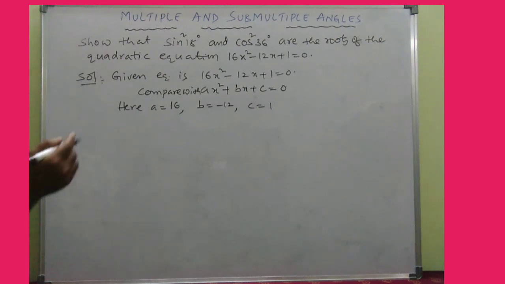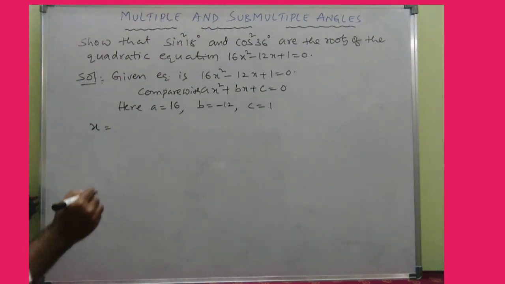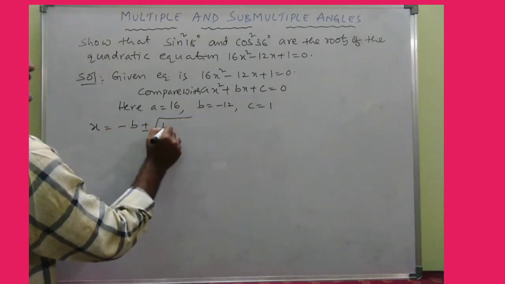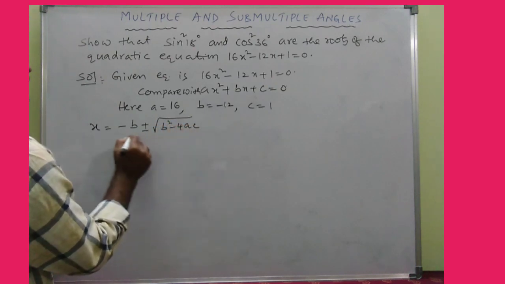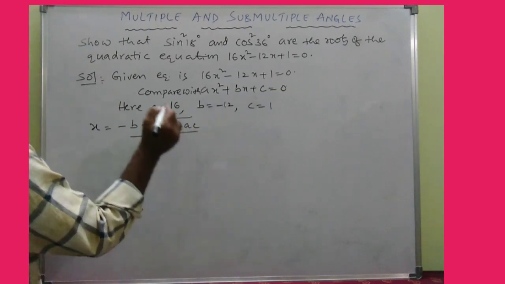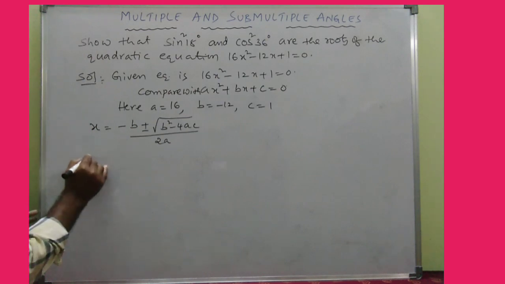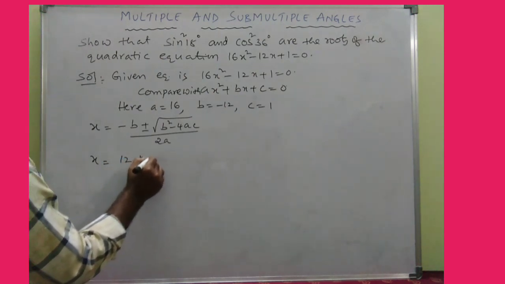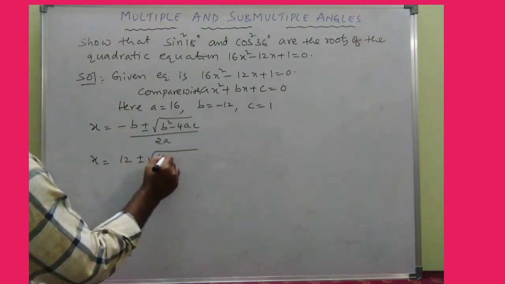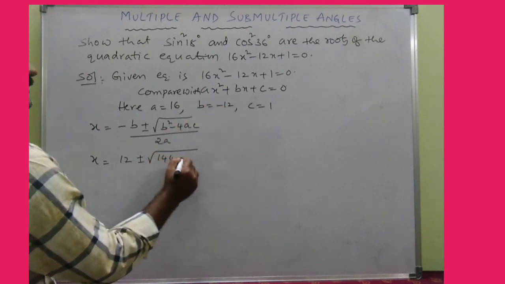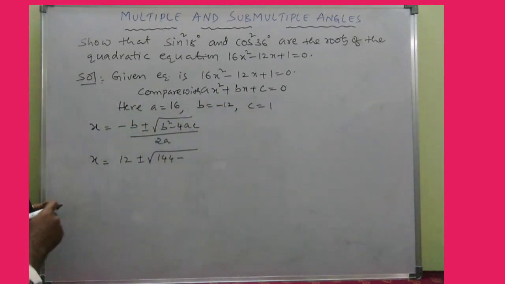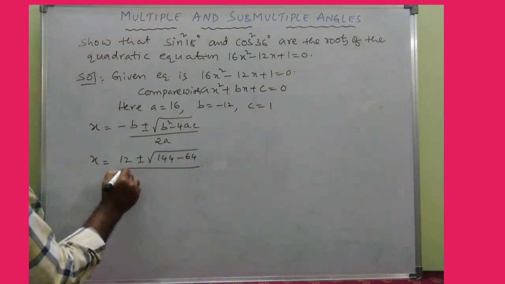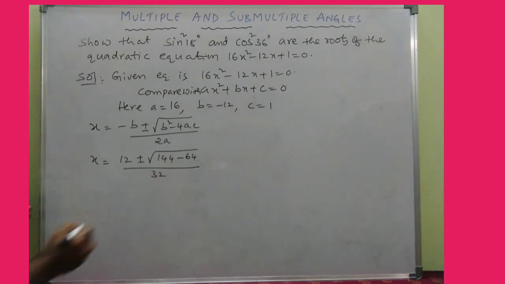Okay, then what is the formula? We can find the x value by using the formula minus b plus or minus square root of b square minus 4ac, divided by 2a. That is, minus b value is 12 plus or minus square root of b square value, anyhow 144 minus 4 into 16 into 1, anyhow 64, divided by 2a value which is 32.